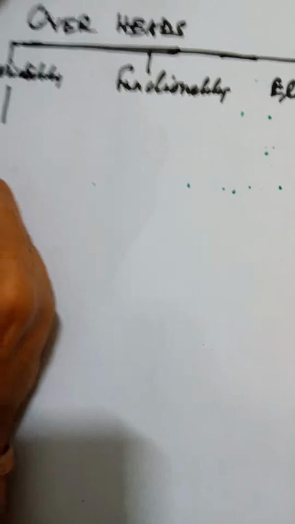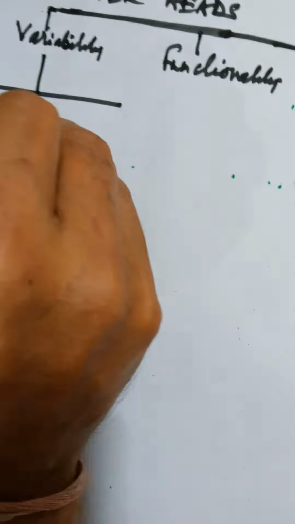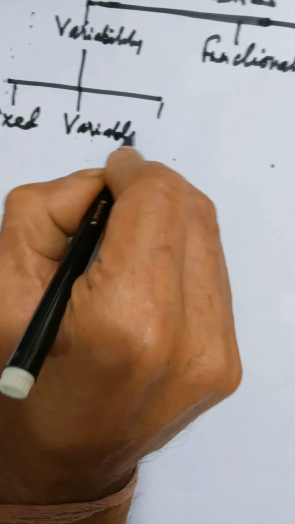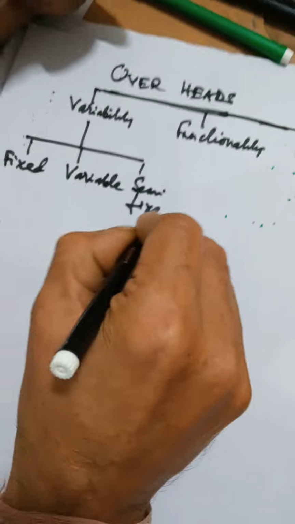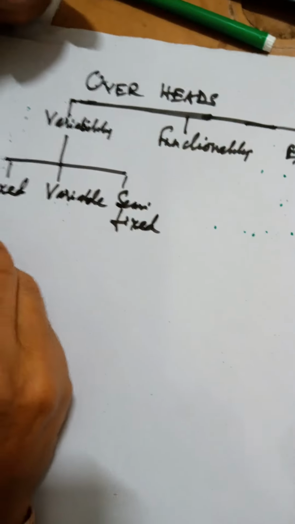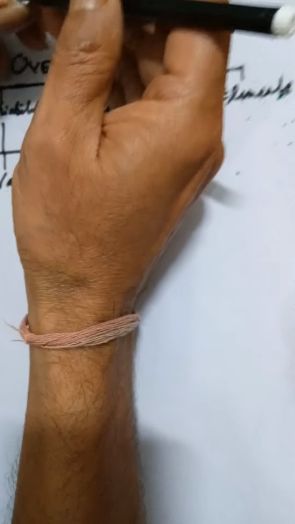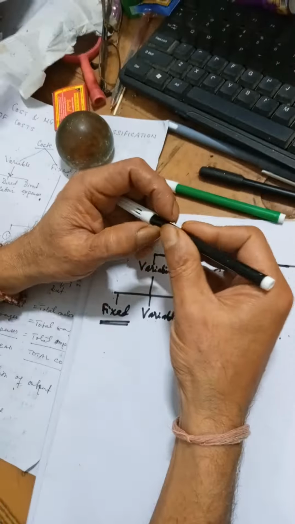So there can be three classifications under variability, that is fixed overhead, variable overhead, and semi-fixed overhead. Now fixed overhead is fully fixed and does not vary with output, and totally it is a function of time.